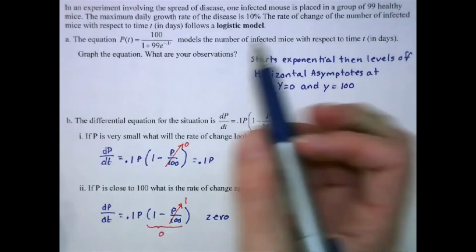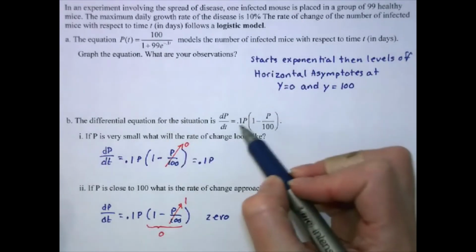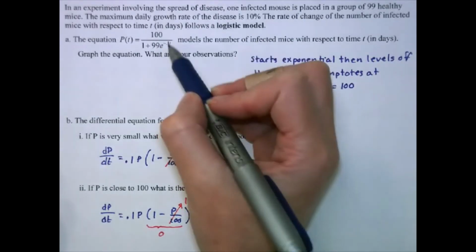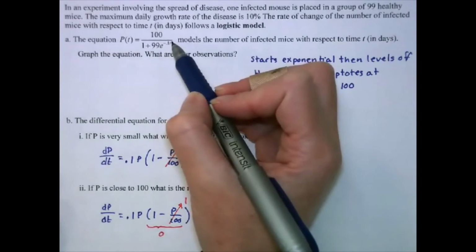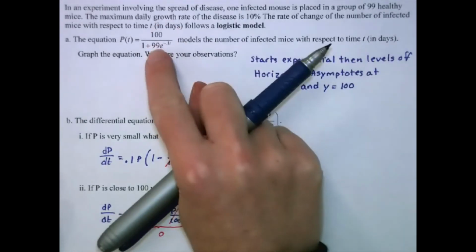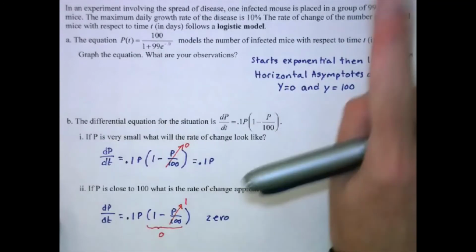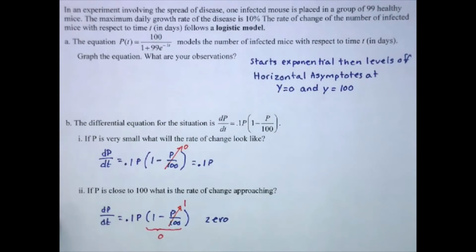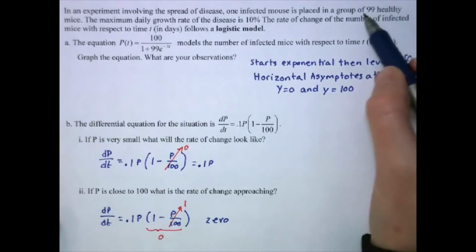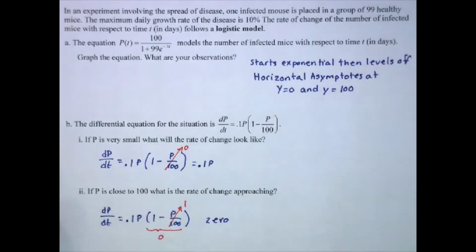The 10% growth rate is going to be this value in front of the P here, and this value in front of the t here. This 99 comes from the initial condition, but it doesn't always necessarily equal the 99, and we'll see that when we do the differential equation.